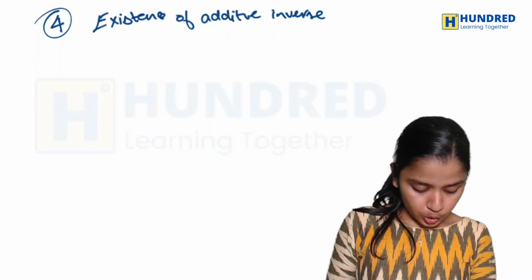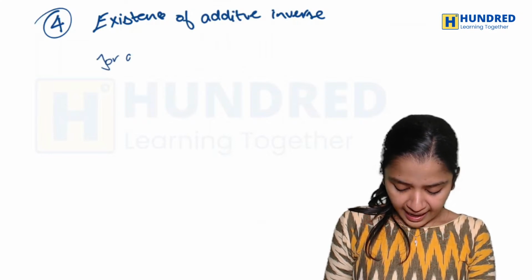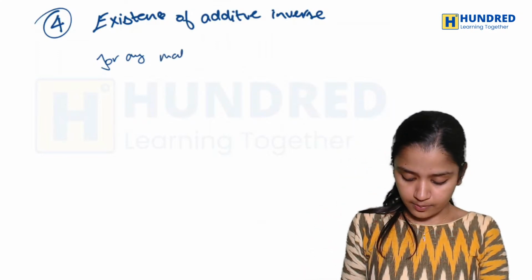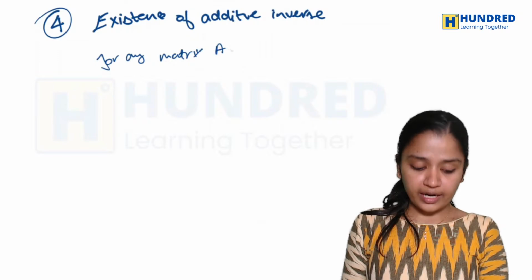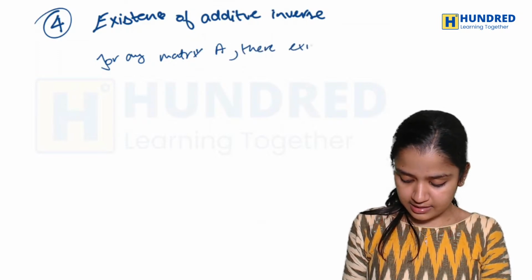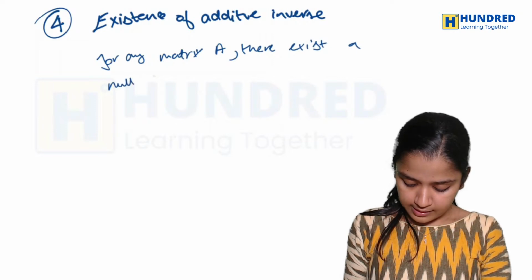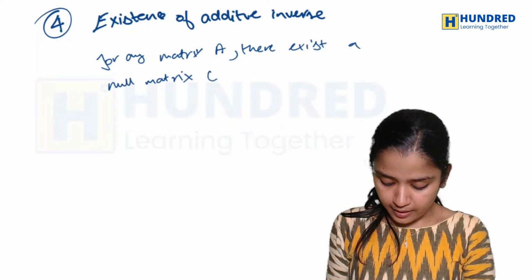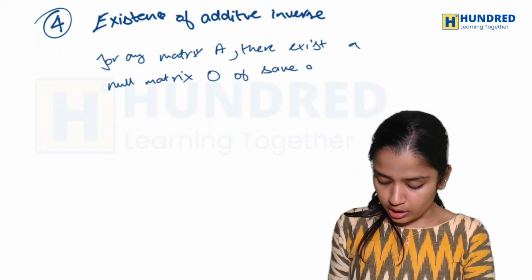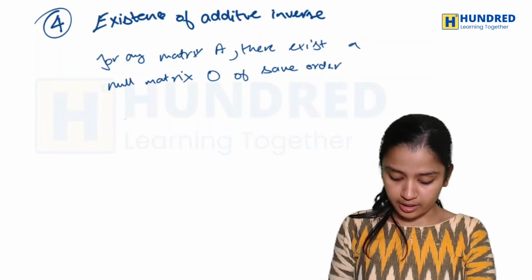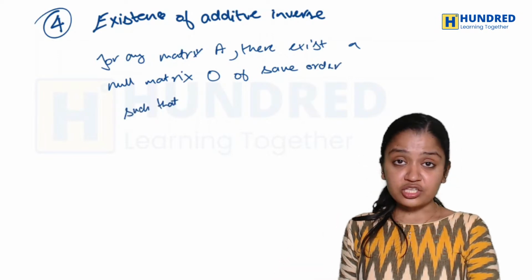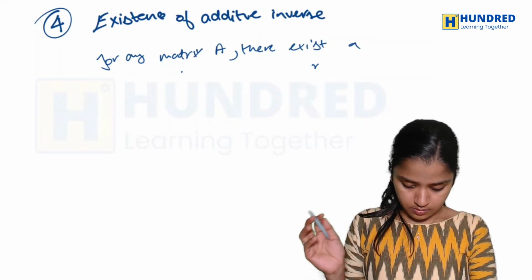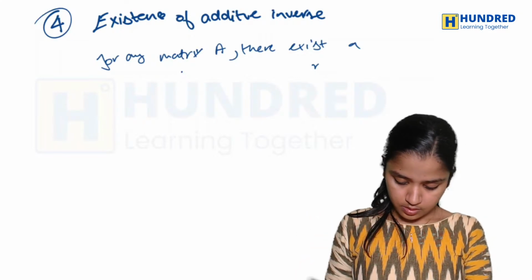Additive inverse is also for a single particular matrix. For any matrix A, there exists a matrix, sorry, not null matrix, this is the additive inverse.